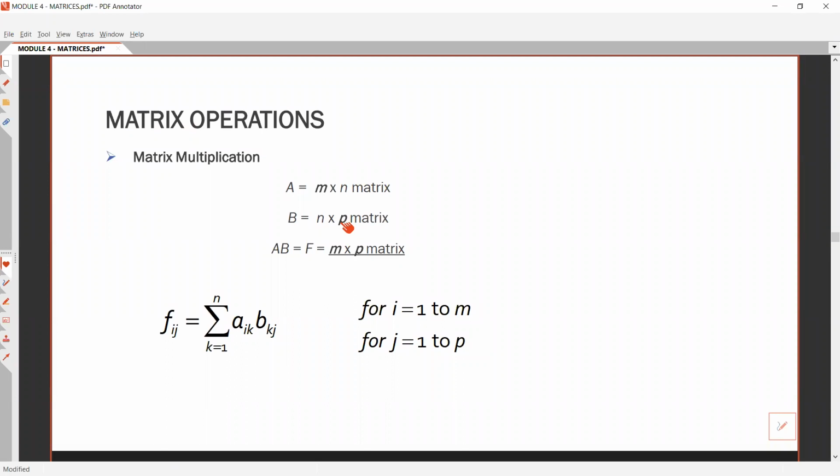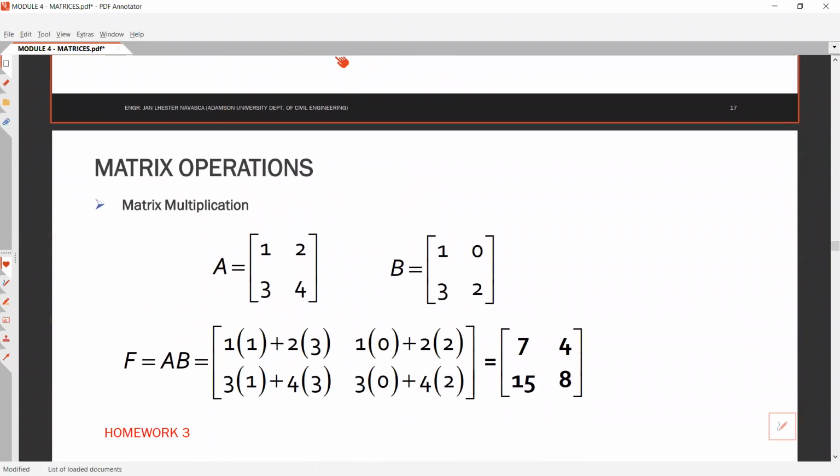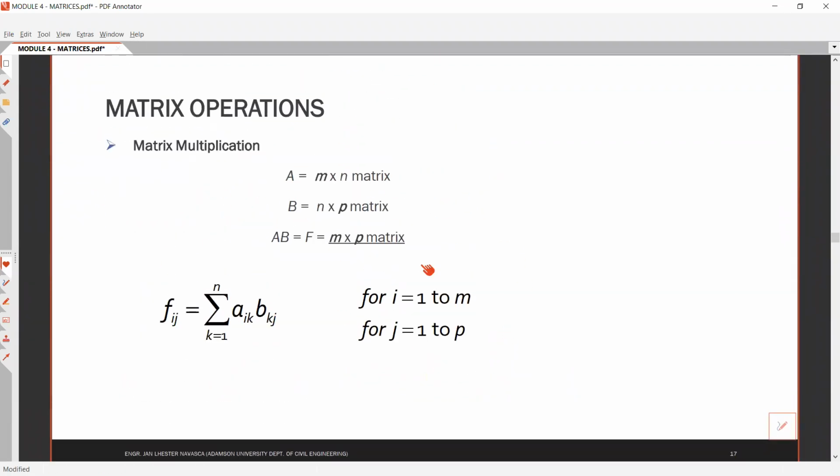So for the matrix operations, we have A is equal to M by N, B is equal to N by P, let's say. So AB is equal to F, M by P. So Fij, summation of K equals 1 up to N, Aik, Bkj, for I is equal to 1 to M, and for J is equal to 1 to P. So bottom line, pwede lang tayo mag-multiply ng matrix if yung inner dimensions are the same.